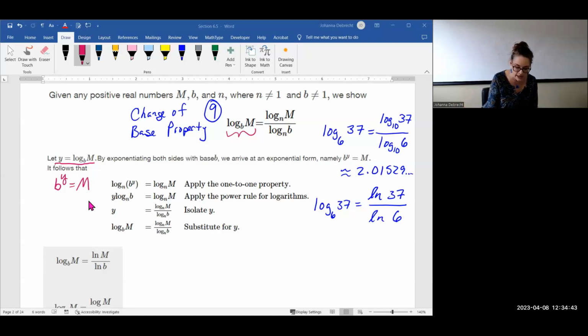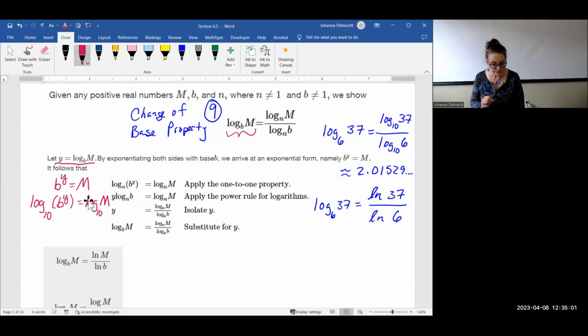So I'm actually taking this exponential and I'm going to apply some logarithm, and we're going to do base 10 just to make it more clear. So I'm doing logarithm base 10 of b to the y, is equal to the logarithm base 10 of M, right? So I have those two right there side by side. Now, what's the next thing that I'm going to do?